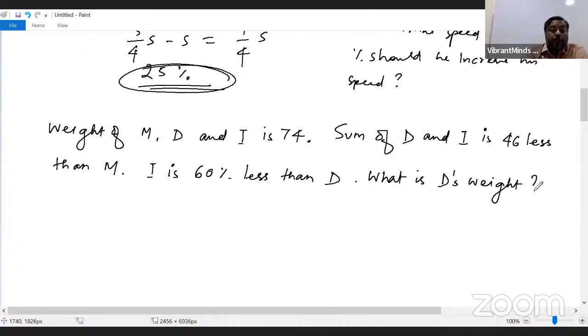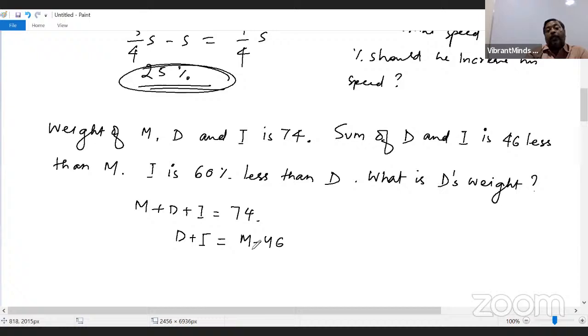Now see, from this statement we have M plus D plus I is equal to 74, isn't it? Now the question again is saying, second statement, D plus I is 46 less than M. So D plus I is M minus 46, isn't it?